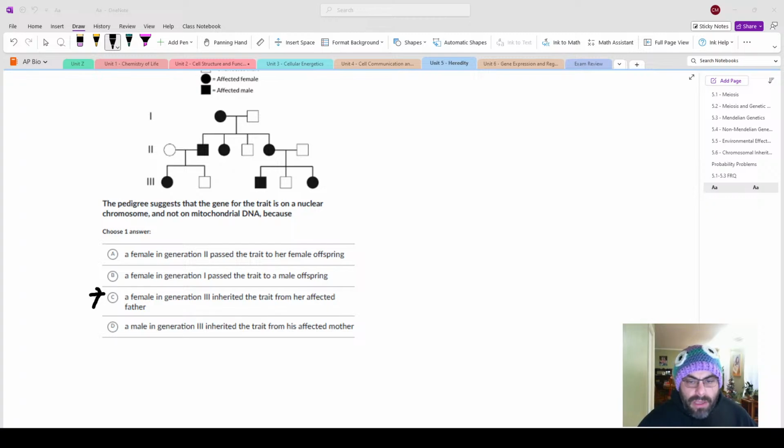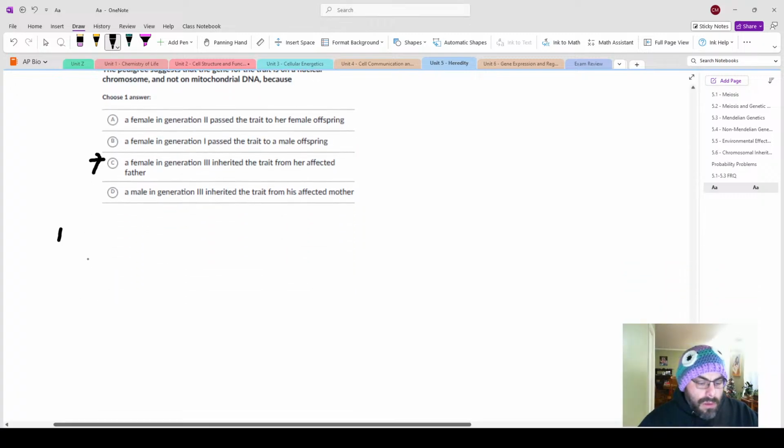Okay, this is the one we answered earlier concerning the 3 crosses, so I'm going to go ahead and mark that one. Good stuff here.